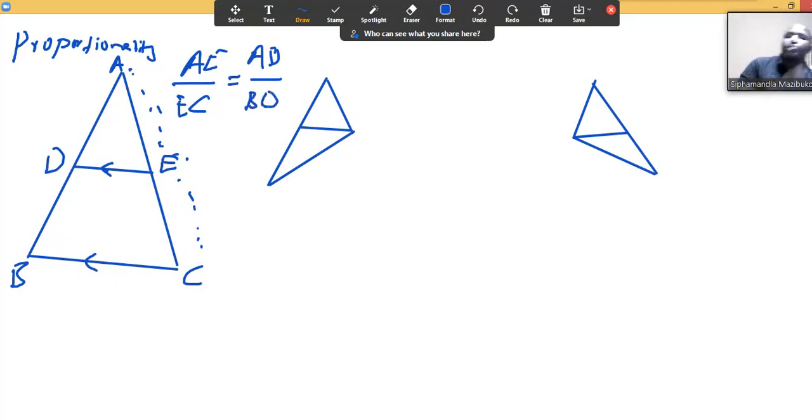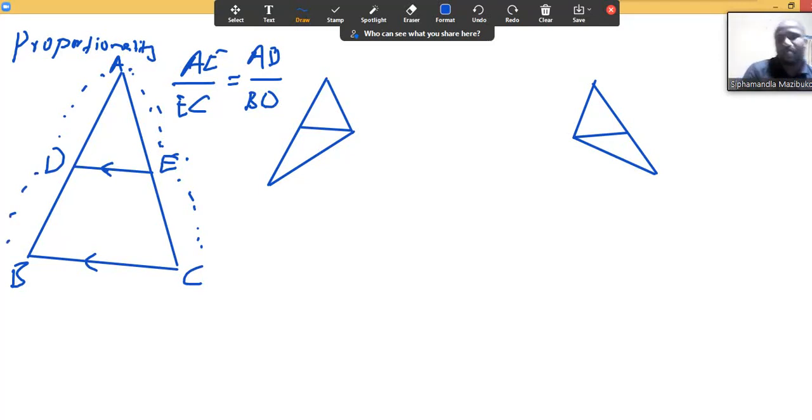Yeah, so this is what the theorem says: if we divide AE by EC, it is the same as AD divided by DB, or BD.